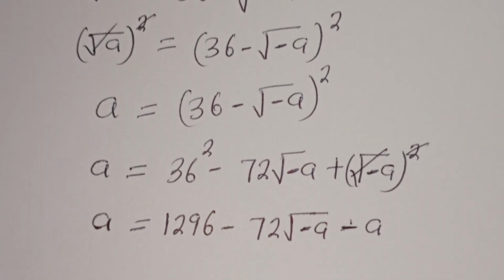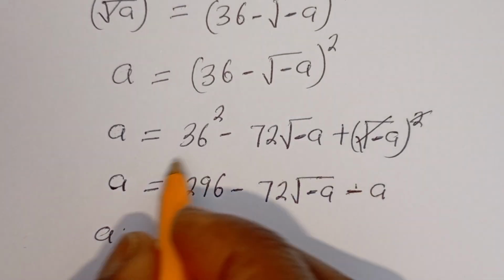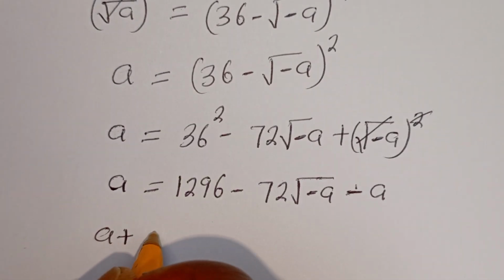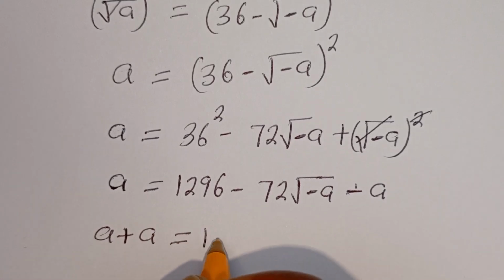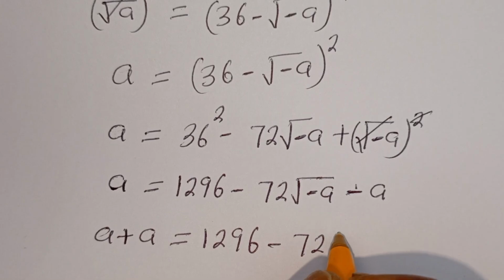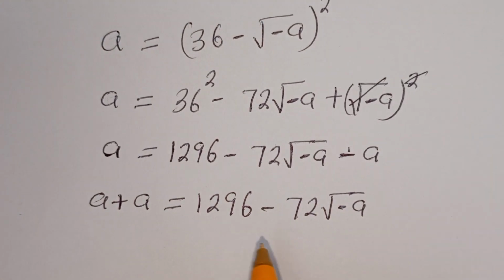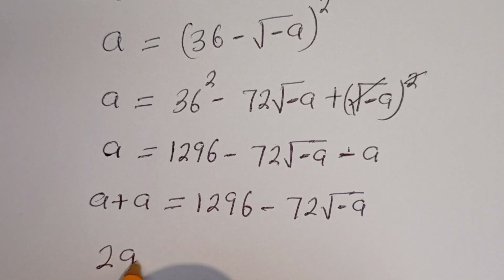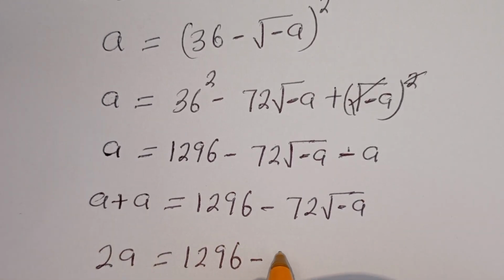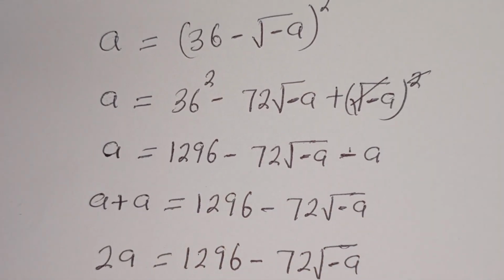Then here we have a, let's bring this minus a to this side, it becomes plus a is equal to 1296 minus 72 square root of minus a. Then we have 2a is equal to 1296 minus 72 square root of minus a.